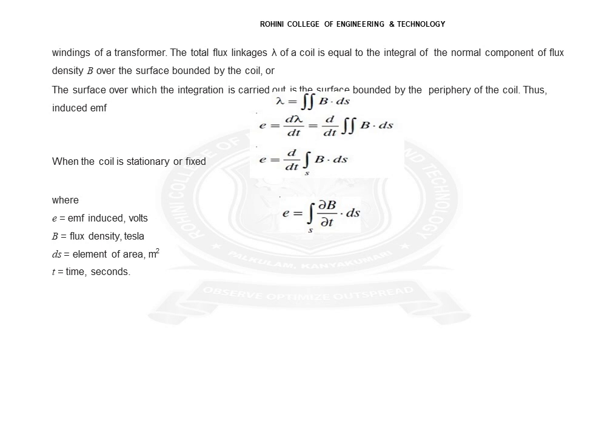So E equals d lambda by dt equals d by dt of the double integral of B into ds. When the coil is stationary or fixed, therefore E equals the integral of dou B by dou t into ds.